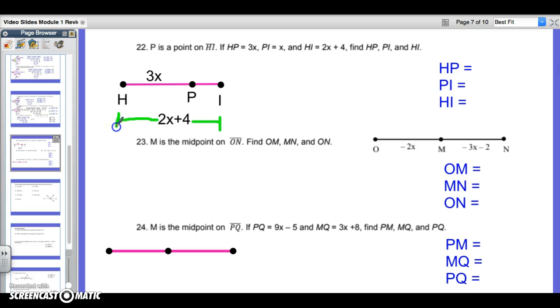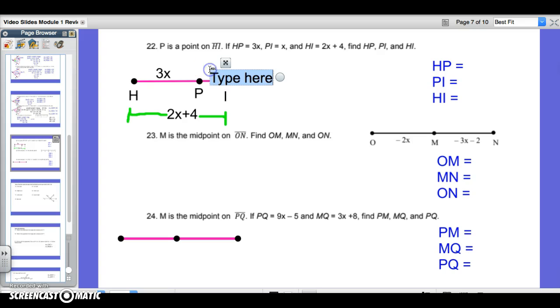Okay, so that whole thing. Oh, and they do tell us, I skipped that part. They tell us that PI is x. Okay, so we have the small, and we have the big. So we're going to do small plus small equals big.